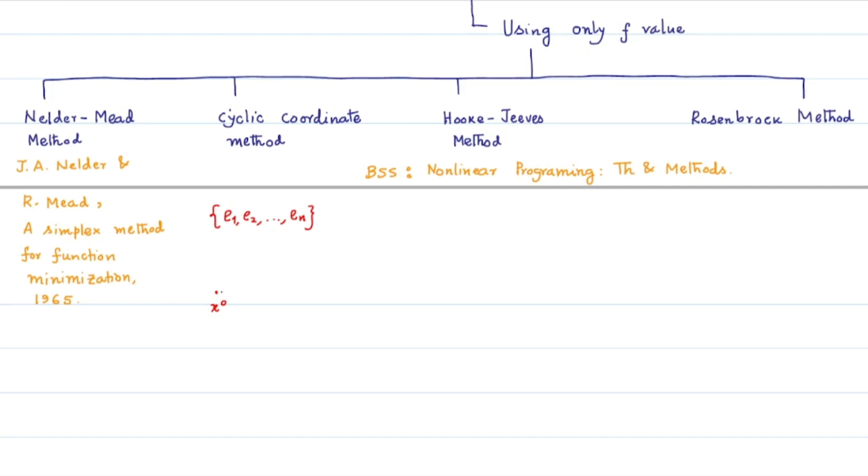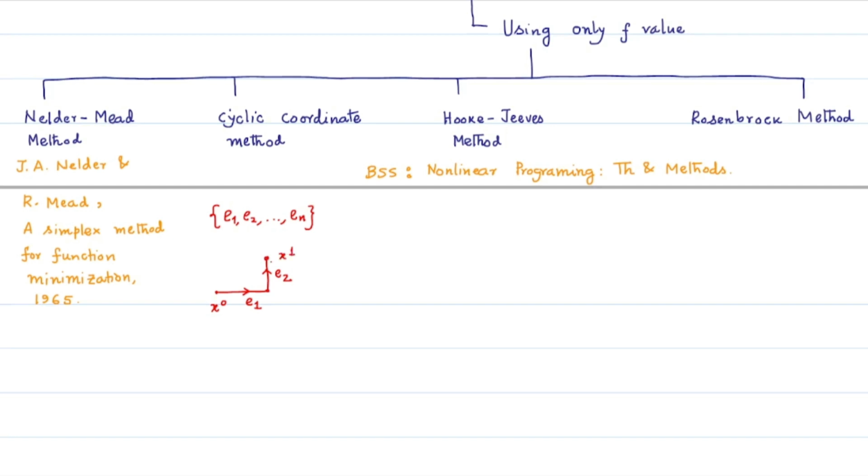At the point x0, we move along the direction of e1 after taking a fixed amount of step length along the direction of e1. Then we move along the direction of e2, and you keep moving along the direction of e3 till you end up at en, and at the end of moving along the direction of en you will reach the next iterative point, say x1.